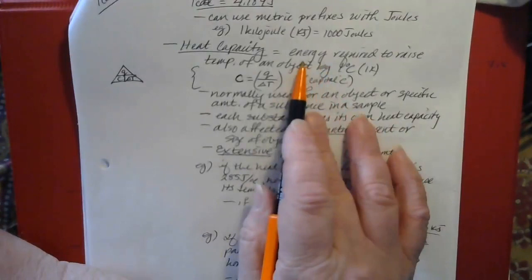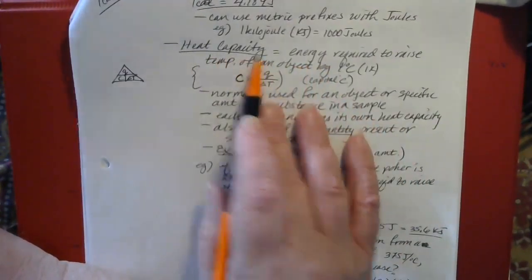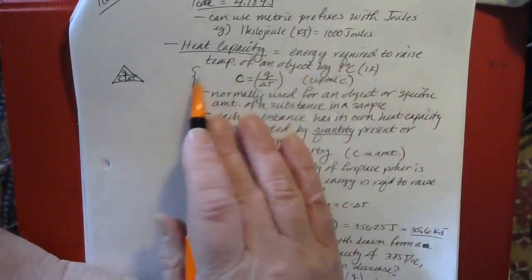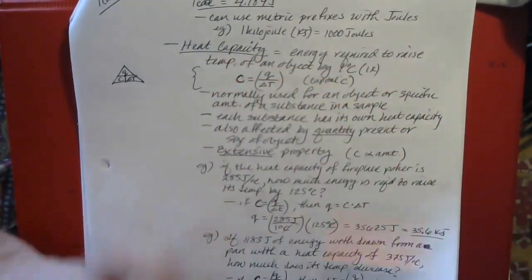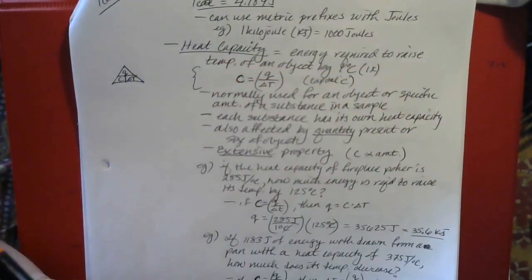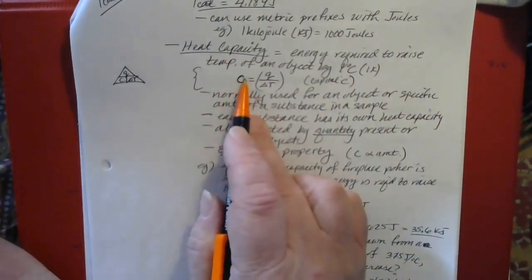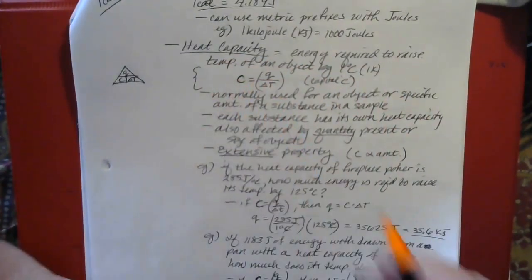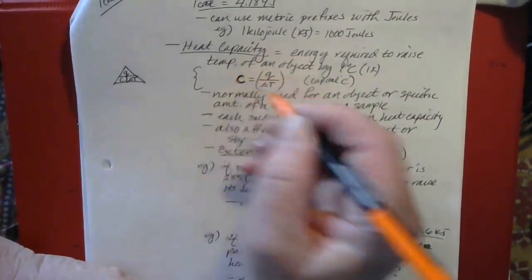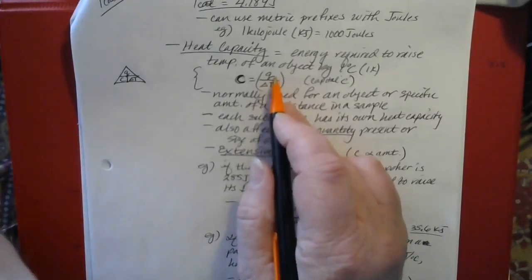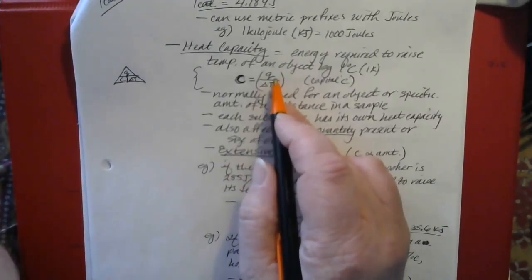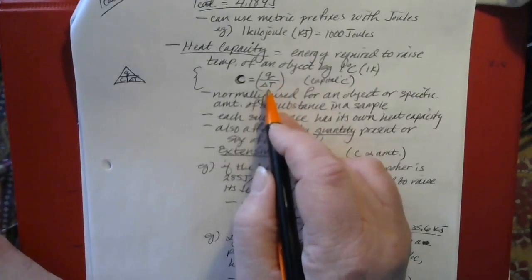That number is what's called the heat capacity. Heat capacity is the energy required to raise the temperature of an object by each degree Celsius or Kelvin, if you prefer. It's defined as capital C equals Q, which is the amount of heat or energy, divided by the change in temperature.